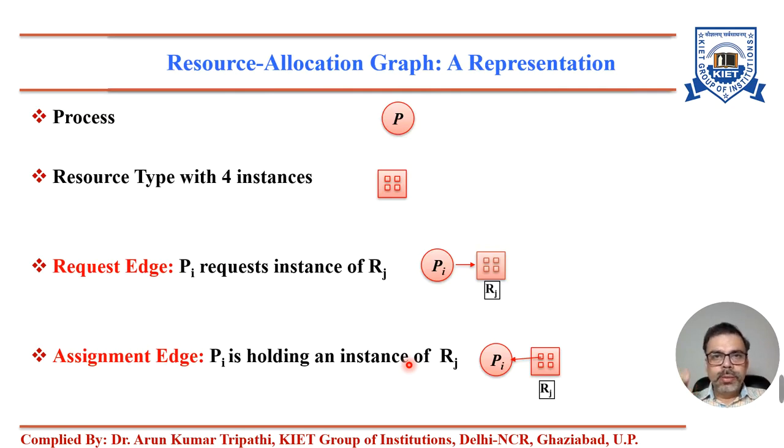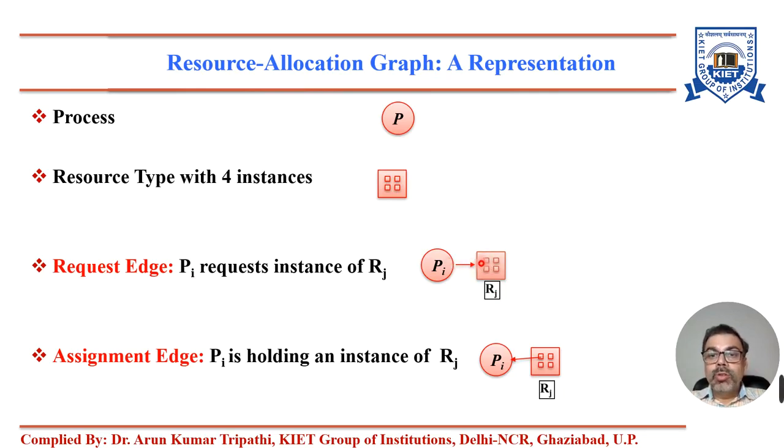For more elaboration, a process is represented by a circle and a resource by a rectangle. If a resource has four instances, these are the four instances. For a request edge, Pi is requesting the resource Rj, which has four instances, and any instance it may get.